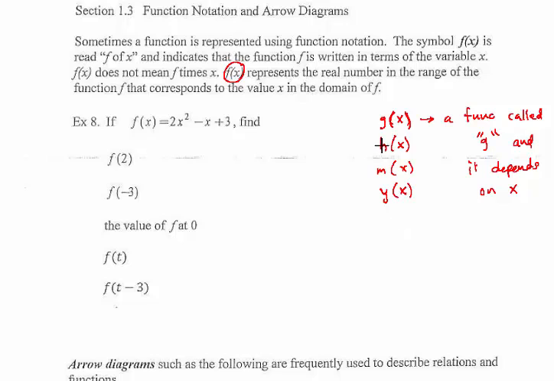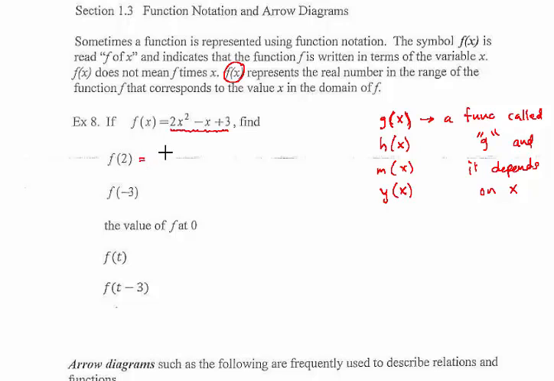Okay, likewise, h of x, the label or the name of the function is h, and it depends on x. Okay, so in this case, function notation is usually followed by an algebraic expression telling us how to calculate the output based on an input x.